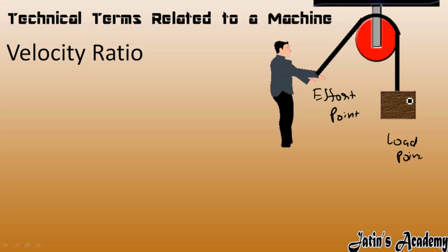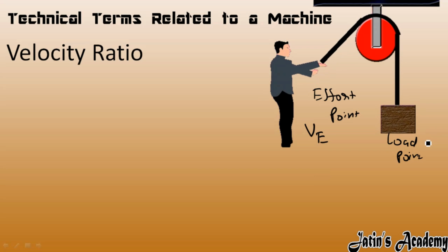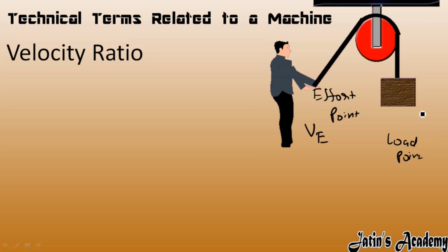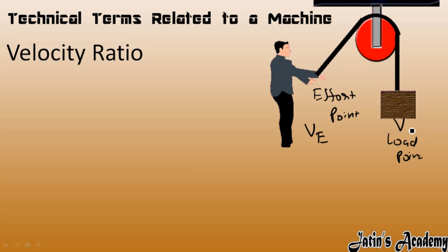First of all, take the example of velocity. Here at the effort point we have some velocity, and at the load point we have some velocity. The velocity at the effort point is called velocity of effort, and the velocity we get at the load point is called velocity of load.